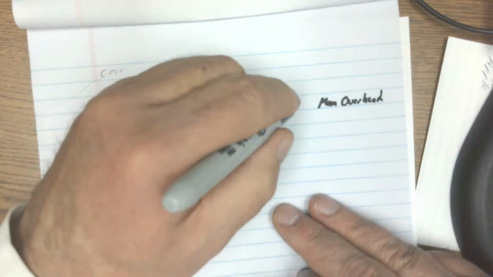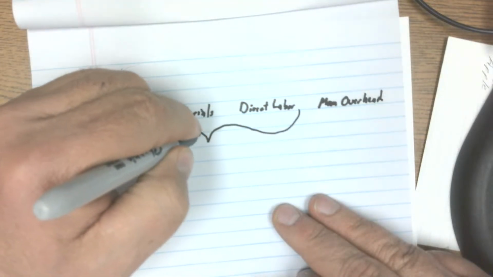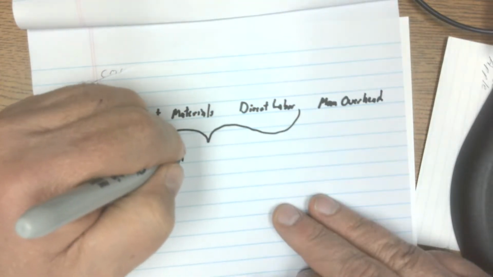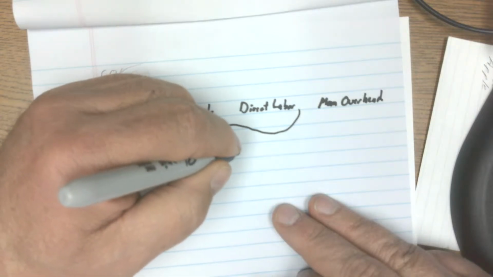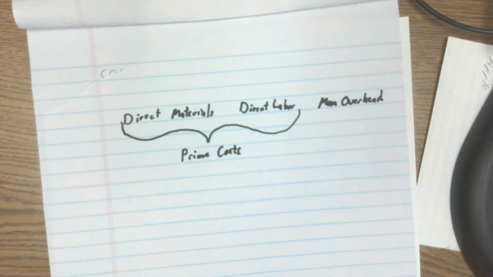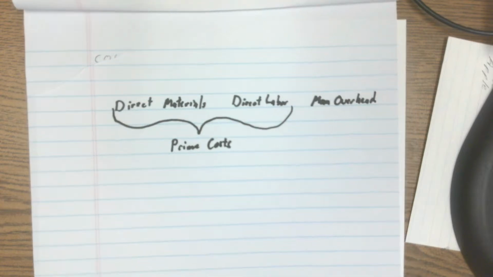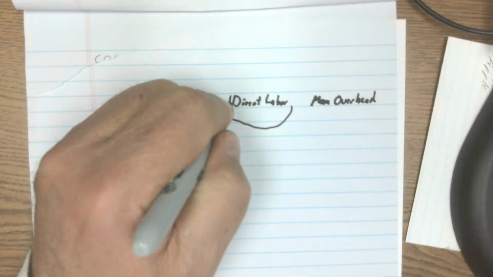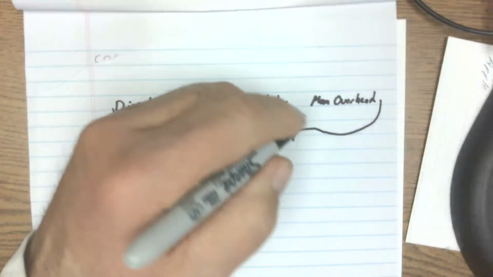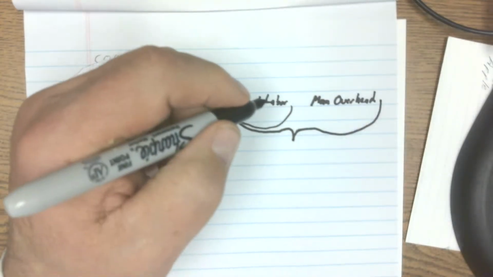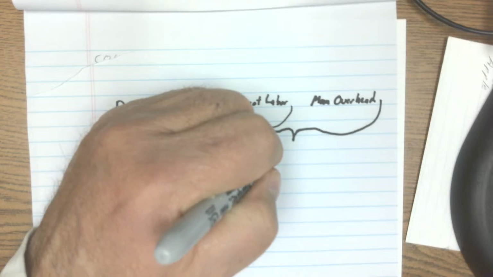These two together, direct materials and direct labor, are called prime costs. So that's what goes into the actual thing. Then these two together, direct labor and manufacturing overhead, are called conversion costs.